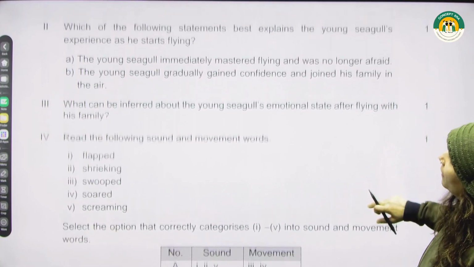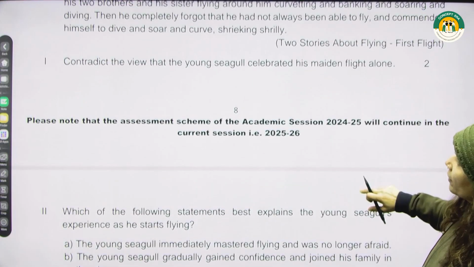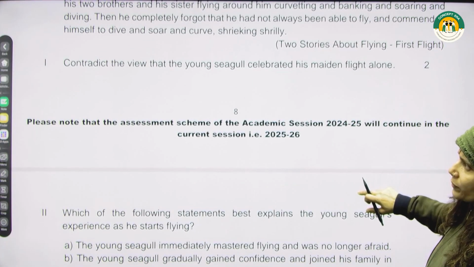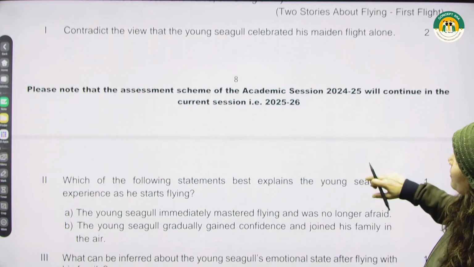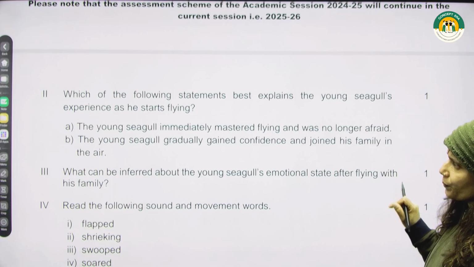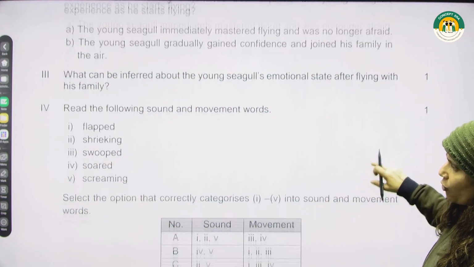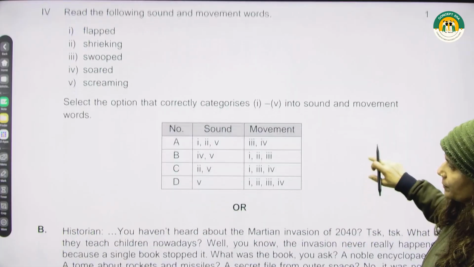See, this is question number 1 where you have to show the comparison. It is of 2 marks, while question number 2 carries 1. Question number 3 and 4 also carry 1 mark.